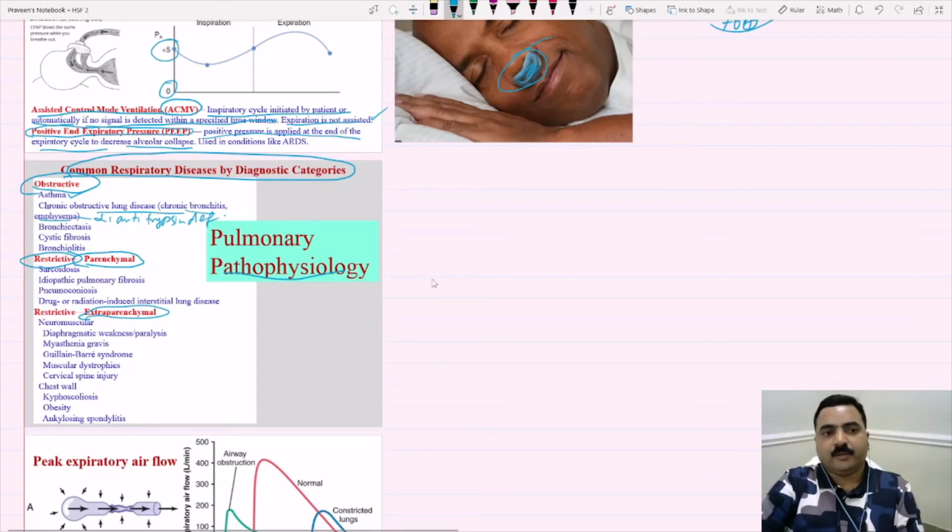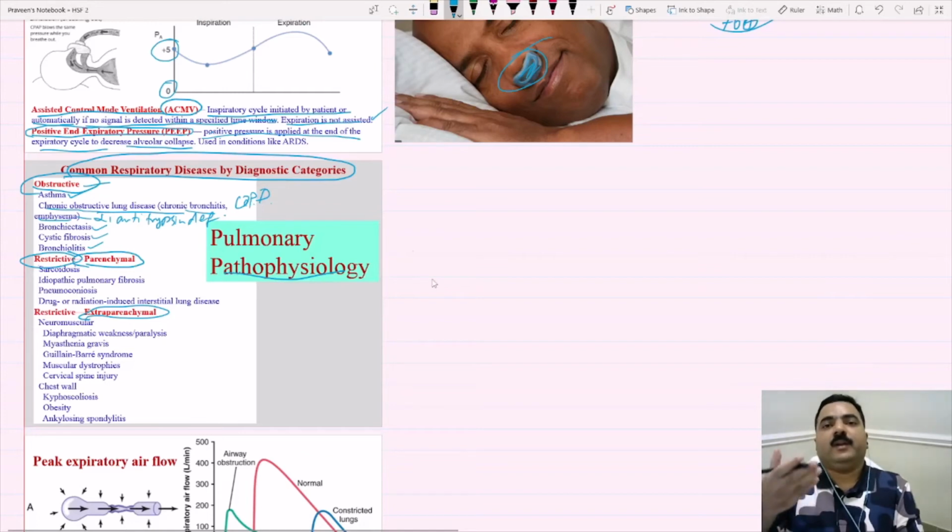That is why it is referred to as chronic obstructive pulmonary disease, COPD. Also bronchiectasis, cystic fibrosis, and bronchiolitis. These are all conditions in which you have difficulty expiring. The air is not going out easily from the lung, so the air is getting trapped. That is the meaning of obstructive lung disorder.